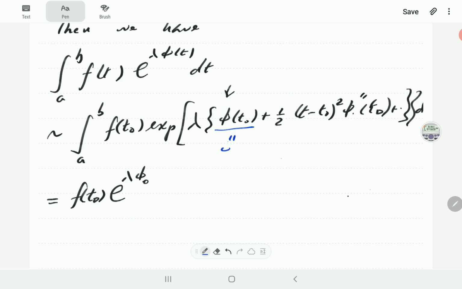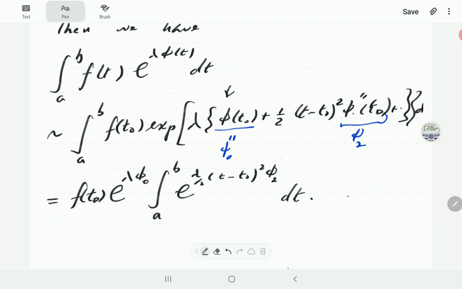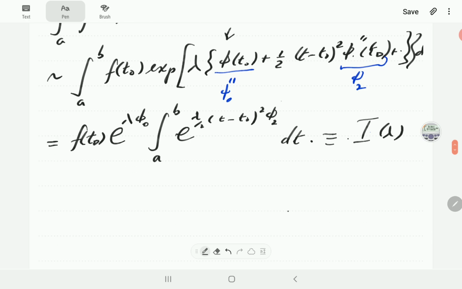We're going to denote this one phi 2. Then this is going to be the integral from a to b of e to the lambda over 2 (t minus t naught) squared phi 2 dt. Let's denote this I of lambda again.